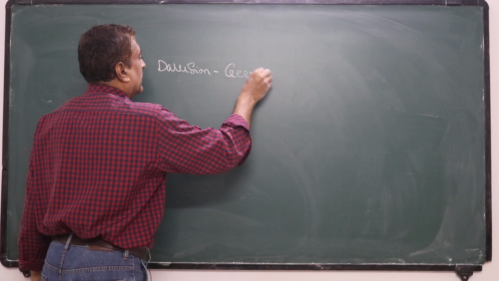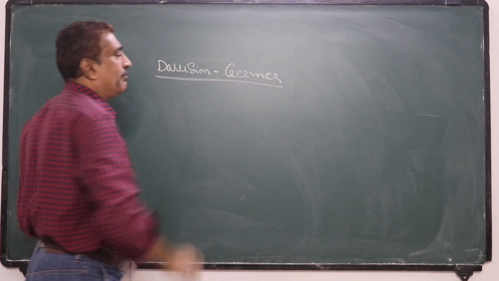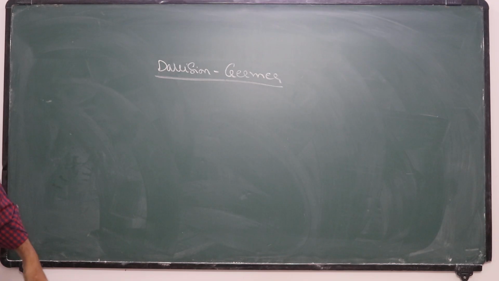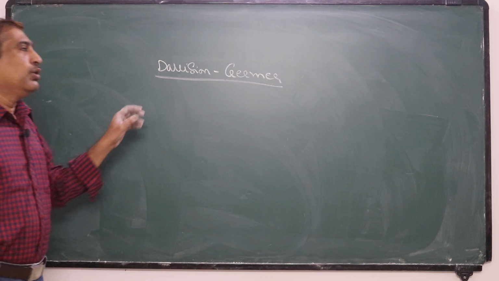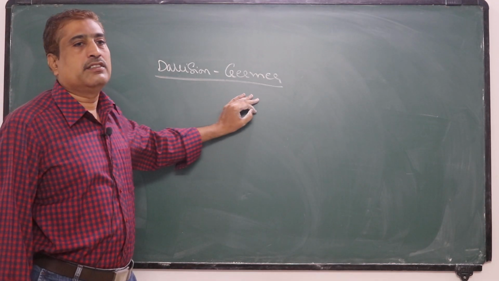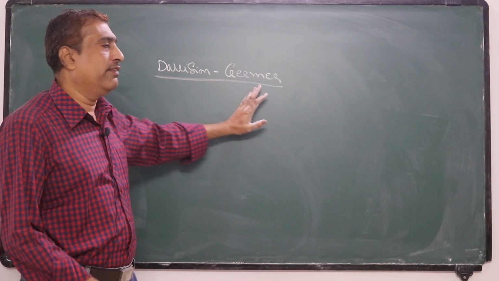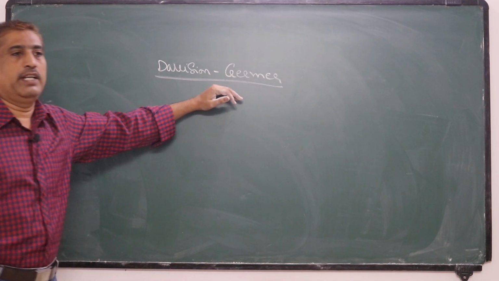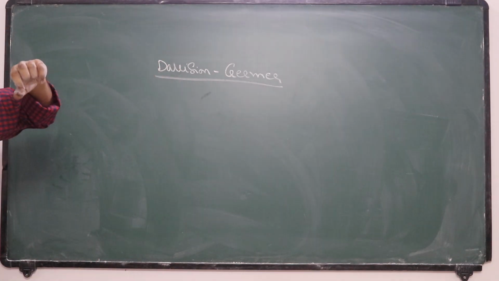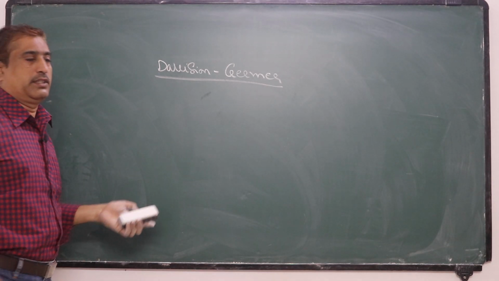Scientists named Davisson and Germer made an experiment to verify the existence of these matter waves, and they verified the existence of waves associated with electrons.